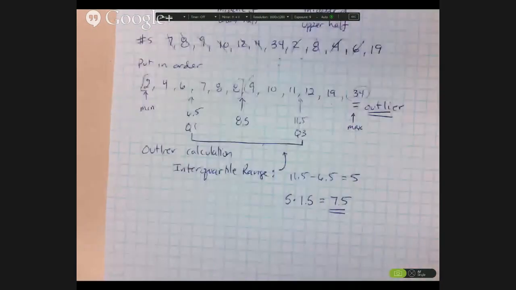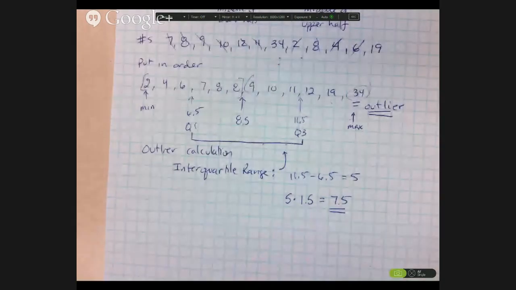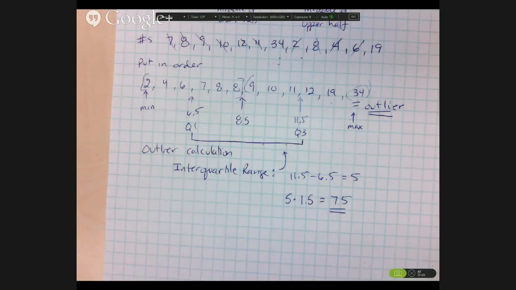Now take that times 1.5. If the number is 1.5 times beyond quartile 3 or before quartile 1, it's defined as an outlier. So we're actually calculating that.